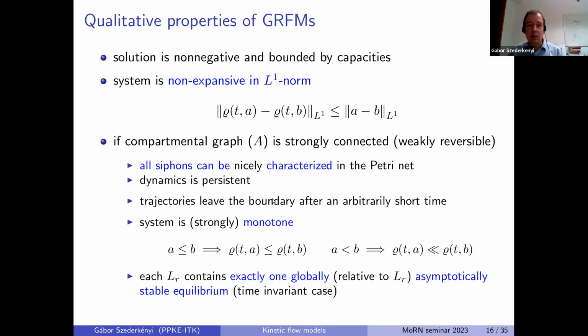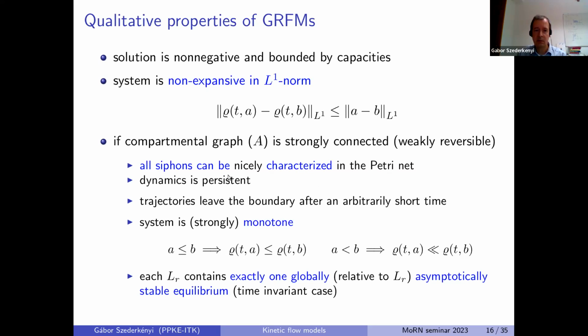What are the main properties? Of course, the solution is non-negative. It's trivial. It can be proved that the system is contractive or non-expansive in L1 norm. And if the compartmental graph is strongly connected, then the situation is very nice. We could prove the persistence of the dynamics using Petri nets.